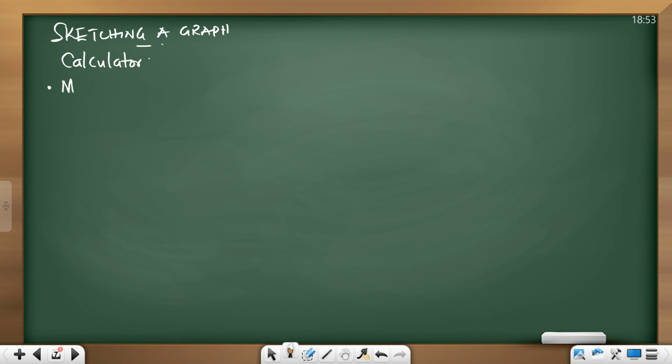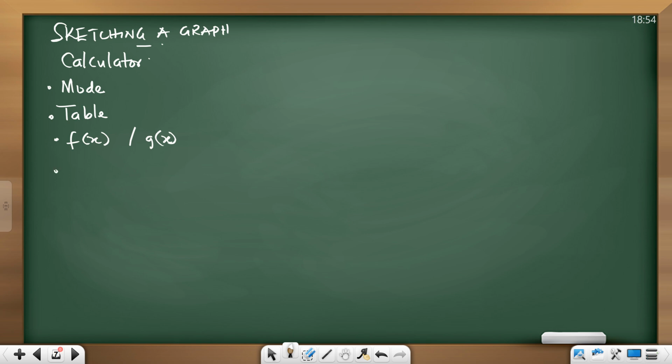What do we press? We press mode. So it'll give us 3 things. We choose table. Once you hit the table button, you get f of x. And sometimes you get g of x in some calculators. You just type the equals to, you type the formula in. I'll be showing us how to get the x.